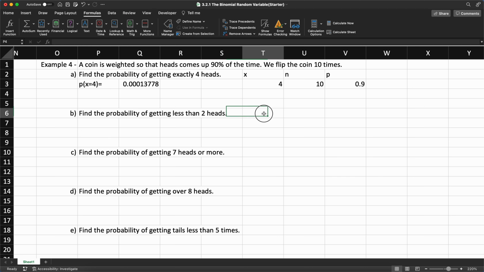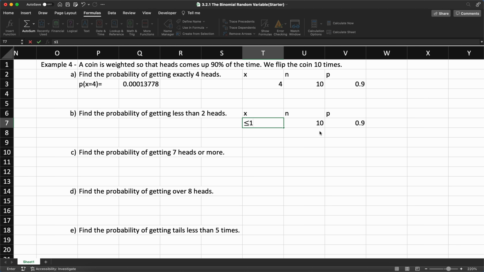All right, so the probability of getting less than 2 heads, again, we have our X, our N, our P. P is still 0.9, N is still 10. But in this case, we want to get less than 2 heads. So we actually want less than or equal to 1 head.